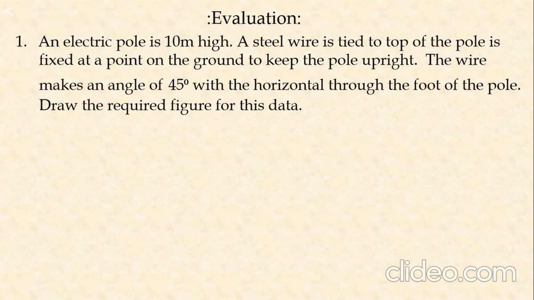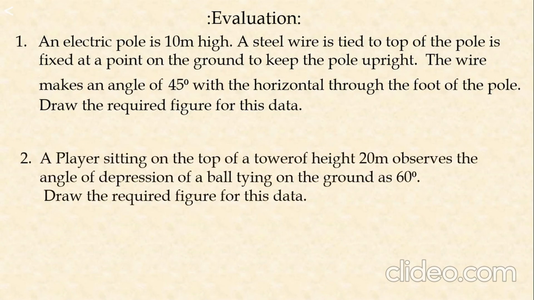Why should it be fixed on the ground? So that the pole will be upright, that is, straight on the ground. The wire makes an angle of 45 degrees. That means it makes an angle of elevation of 45 degrees with the horizontal. Now with the help of the concepts we have learned, just draw the diagram.